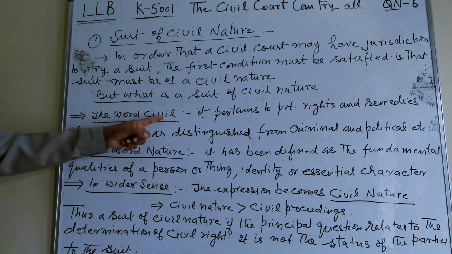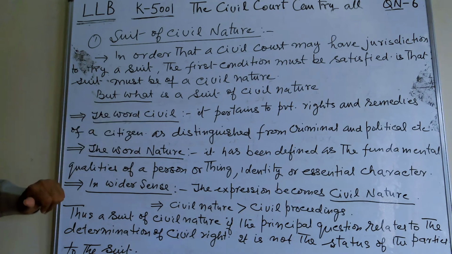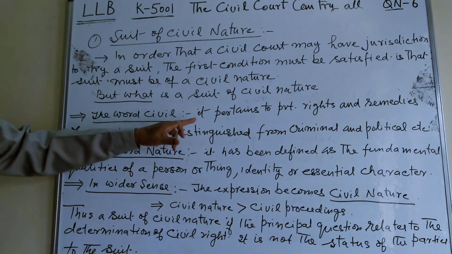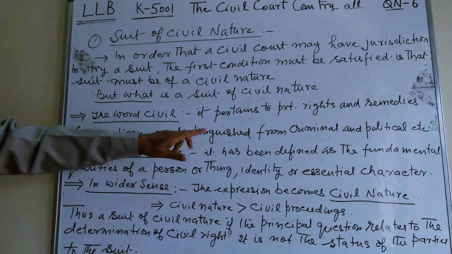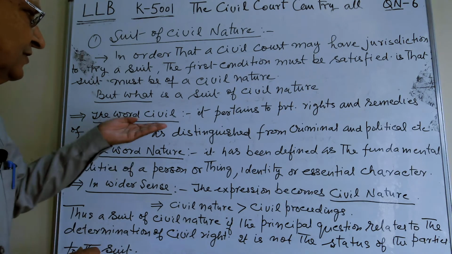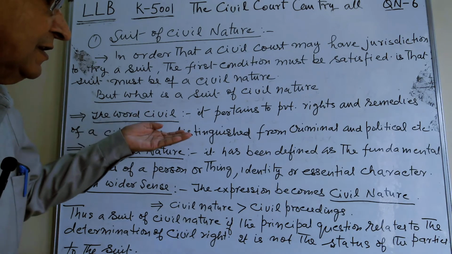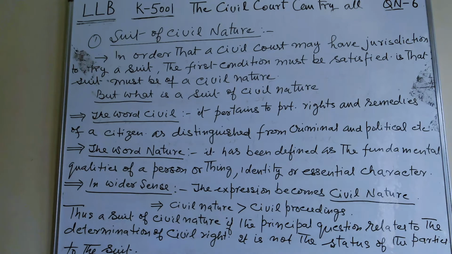The meaning of civil has not been defined in the code, but it pertains to private rights and remedies of a citizen as distinguished from criminal and political, etc. My dear friends, civil is defined as pertaining to private rights and remedies, and it is separated from criminal and political.